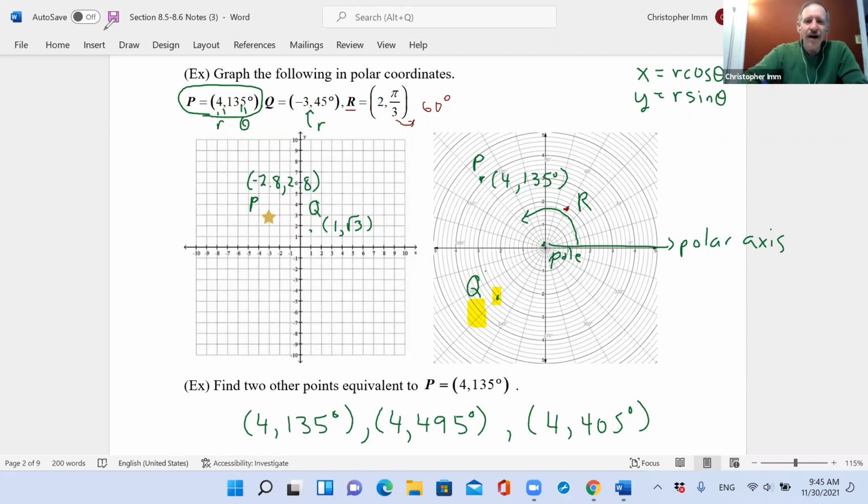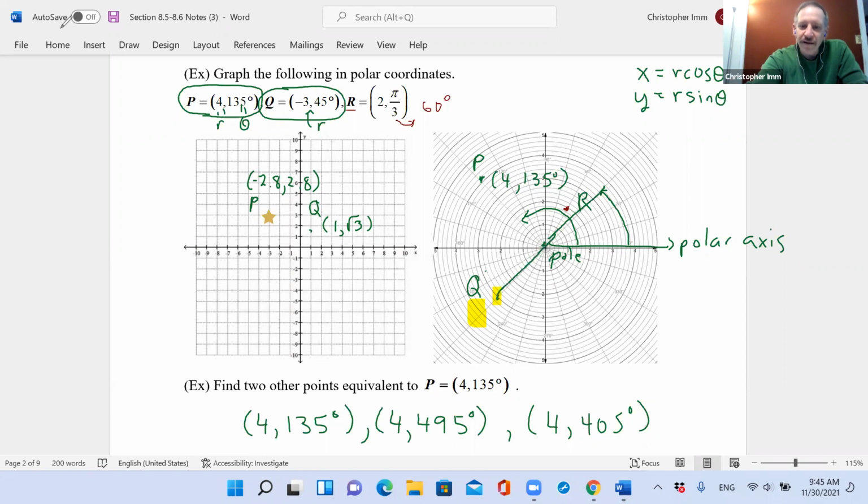So the first one we wanted to graph here, I did P, so we're graphing Q. And Q is down here. Ollie has this graphed at negative 3, 45. So he swung around 45 degrees here, and then he reflected over this pole.